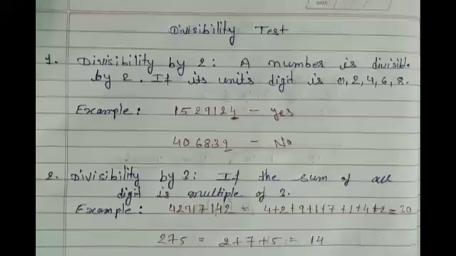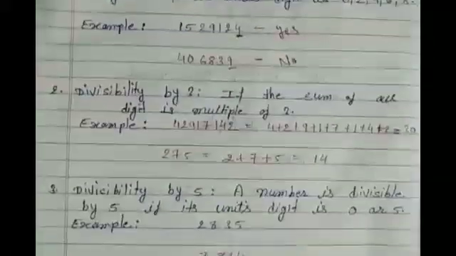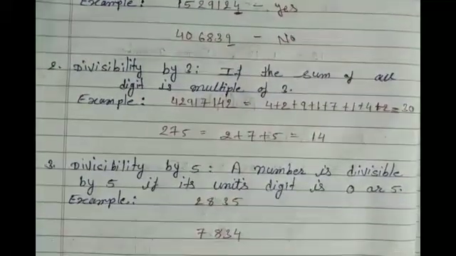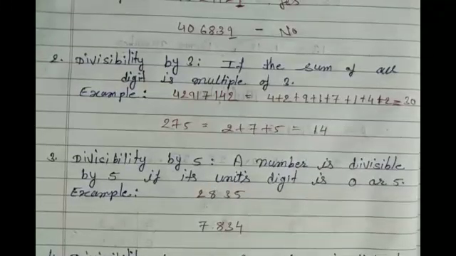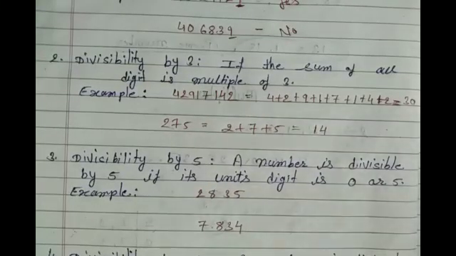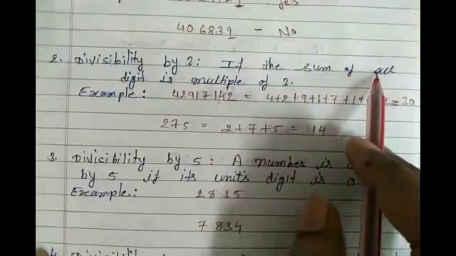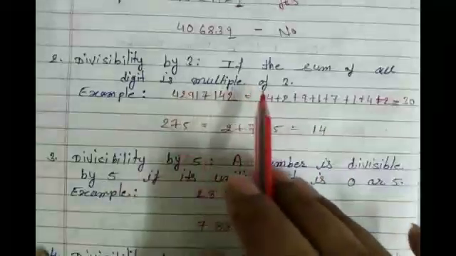Now our next test is divisibility of a number by 3. We have to check whether a given number is divisible by 3 or not. The rule of divisibility by 3 is that the sum of all digits should be a multiple of 3.